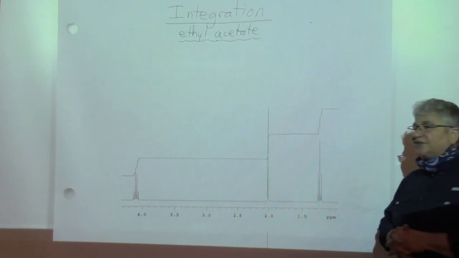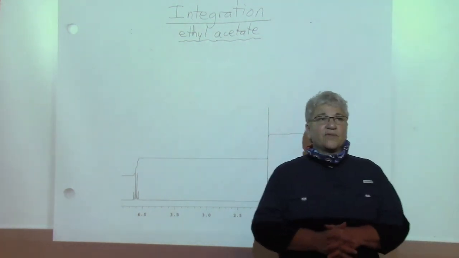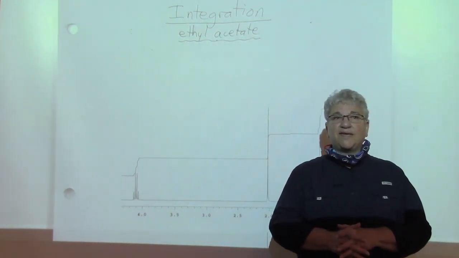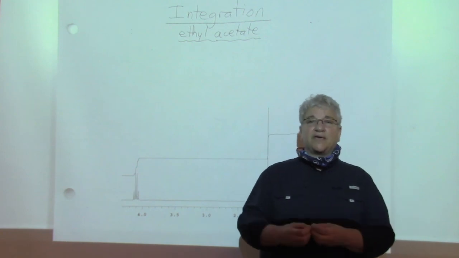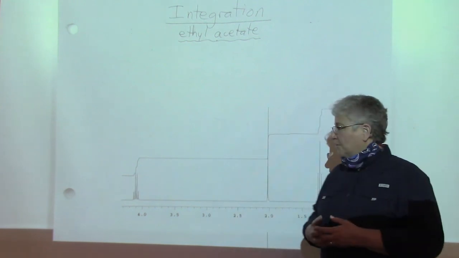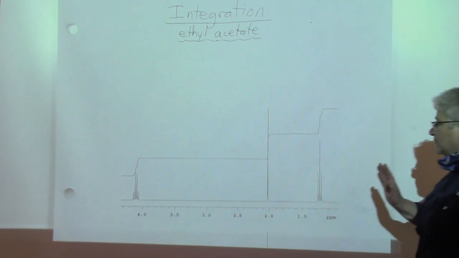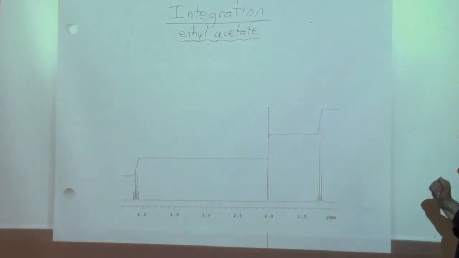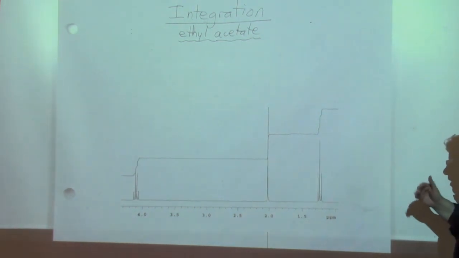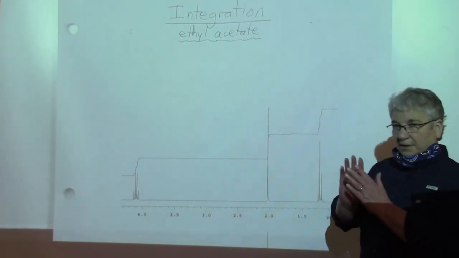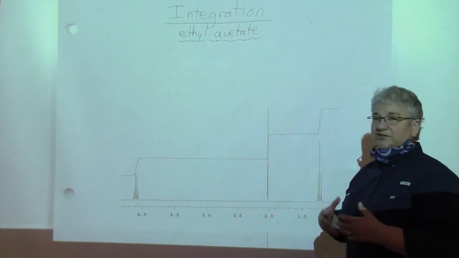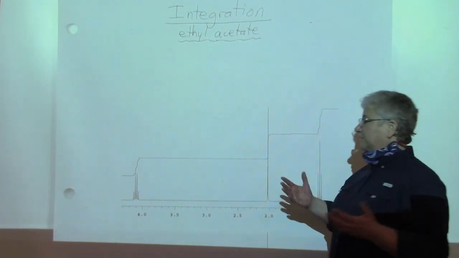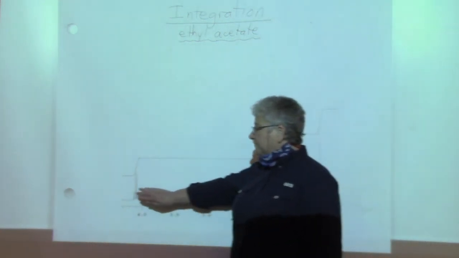Basically, what integration is telling you is how many hydrogens are represented by a peak. And so when you look at this spectrum, it's ethyl acetate. Until we get to splitting pattern, I want you to think of this.